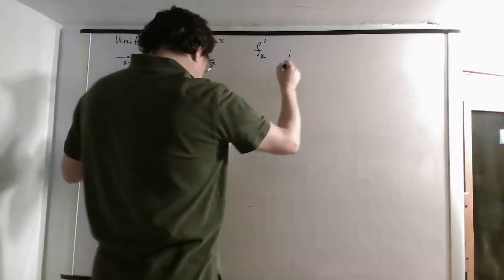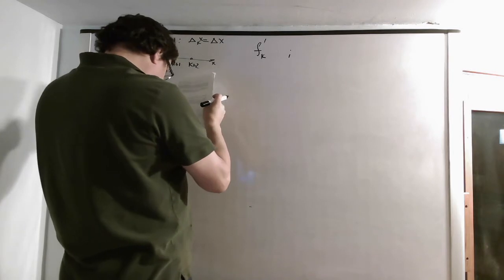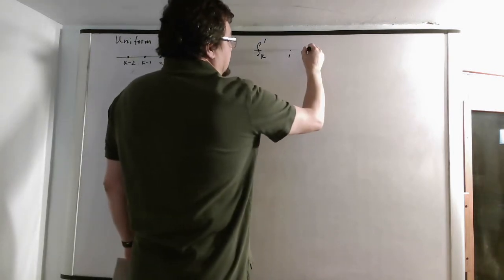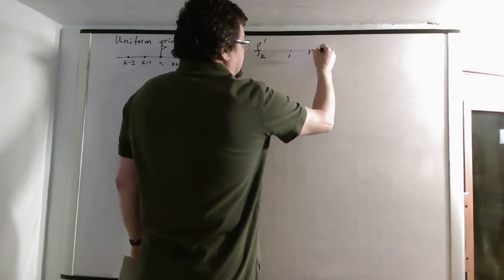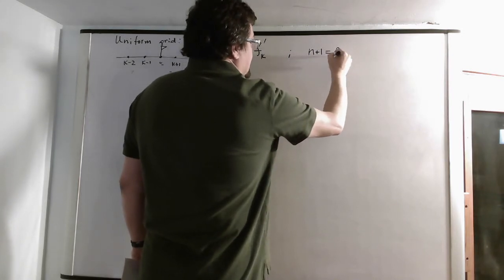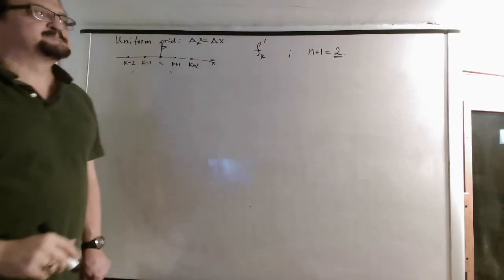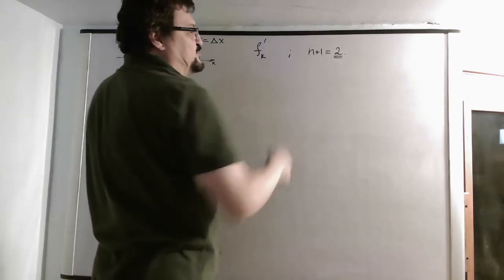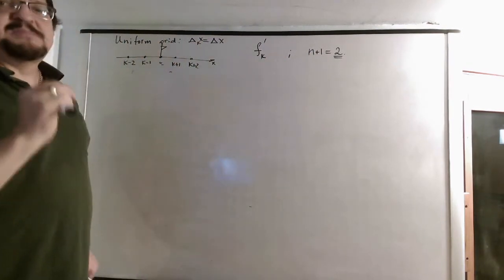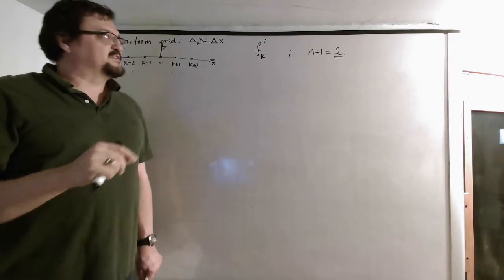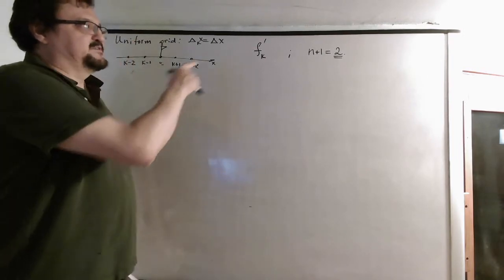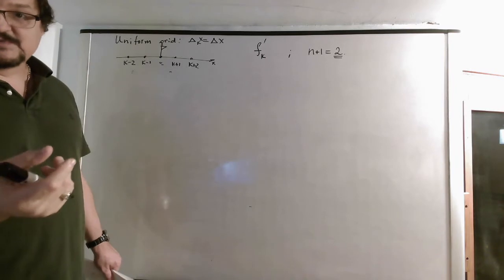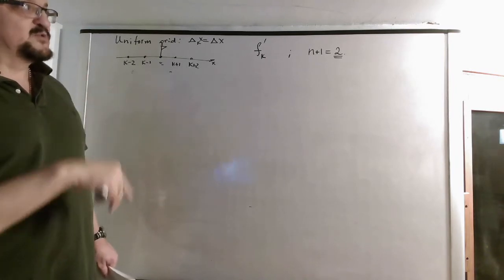So n plus 1 equals 2. This is the minimum required, because n equals 1 for the first derivative, plus 1, you need 2 grid points. That would be the minimum number of grid points that you can use to approximate the first derivative. And this is what we did with our forward or backward derivative.